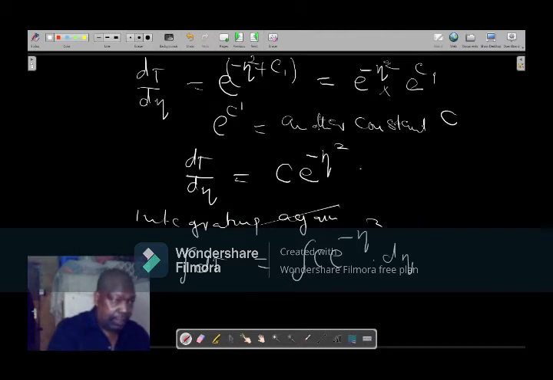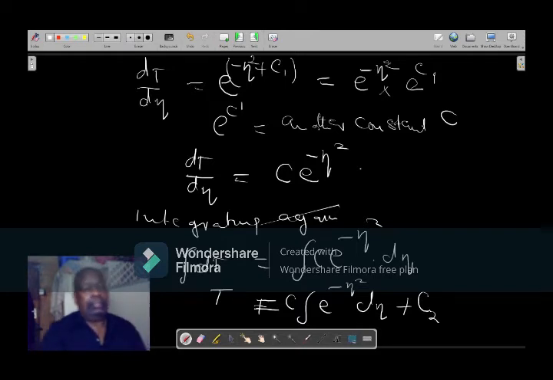And when you integrate dt, you'll get t, and this becomes equal to c times the integral of e raised to the power of minus eta squared d eta plus a constant of integration. Let us call it c2.